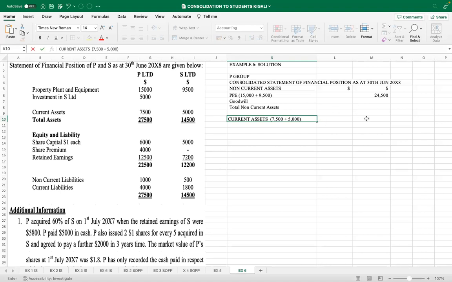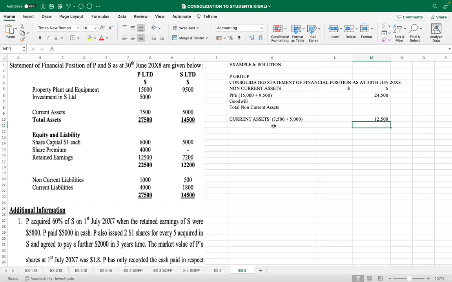So if it is not broken down, you just put it in that last column. But if they are broken down, you put them in the inner column, the details of the current assets. So it is 7,500 plus 5,000. So that gives you 12,500.